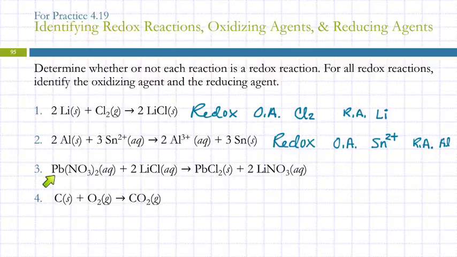This is Pb2+, and over here, still Pb2+. No gain or loss of electrons. Nitrate had a -1 charge. Over here, nitrate still has a -1 charge. Lithium was +1, lithium still +1. Chlorine's -1, chlorine still -1. Nothing happening in terms of electrons being transferred. We're just swapping ion partners, not a redox reaction.